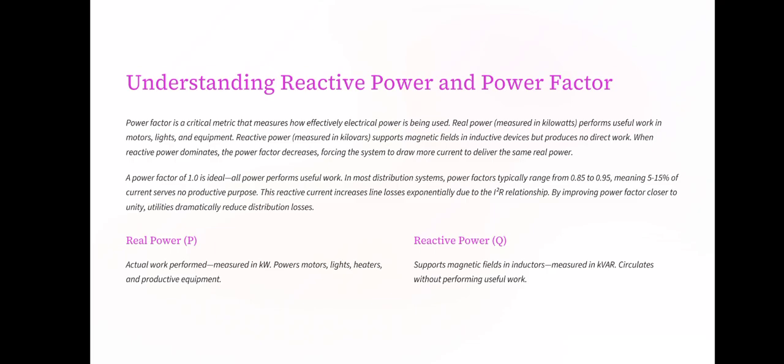Real power, the actual work performed, measured in kilowatts, powers motors, lights, heaters, and productive equipment. Reactive power, which supports the magnetic field in inductors, measured in kVAr, circulates without performing useful work.